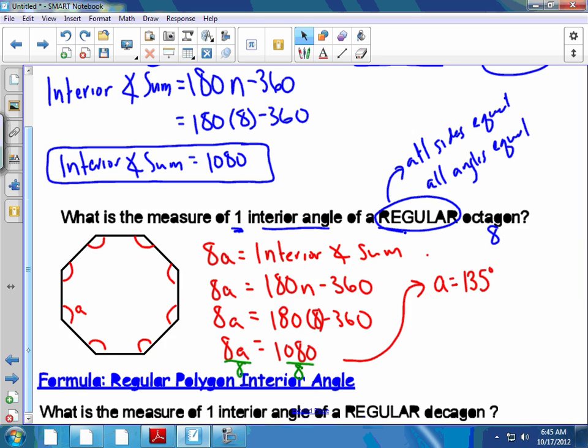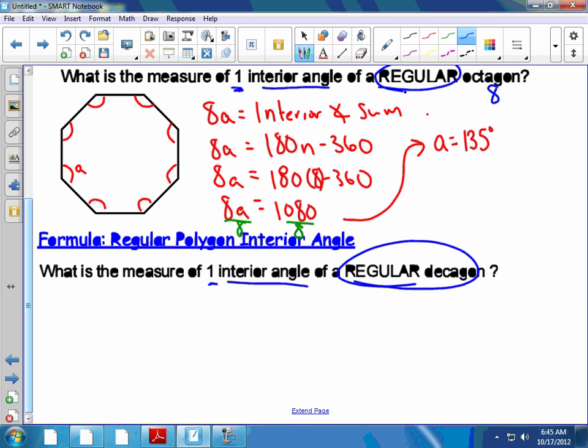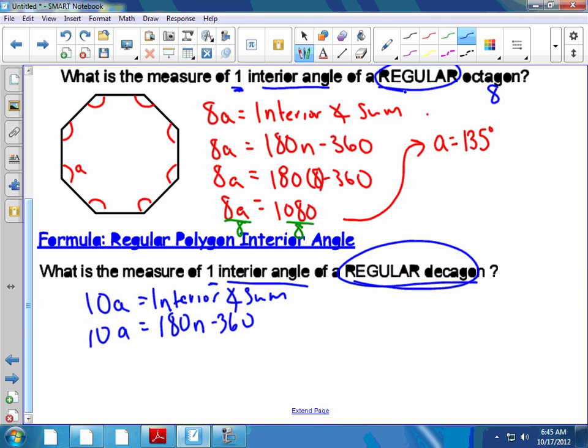So the same thing applies with this next example. Again, what's the measure of one interior angle of a regular decagon? So regular decagon, 10 sides. They all have the same angle, so 10 angles. We'll say that they're A. And that's going to equal the interior angle sum, which is 180 times the number of sides minus 360.